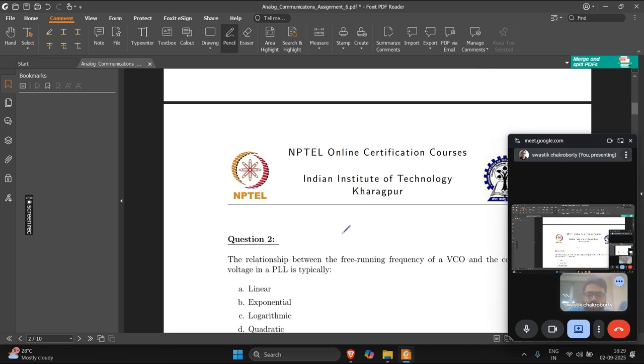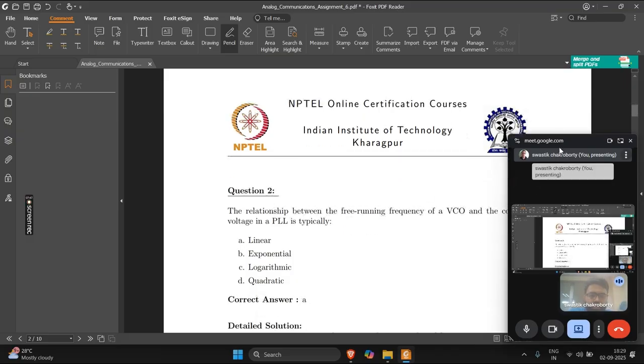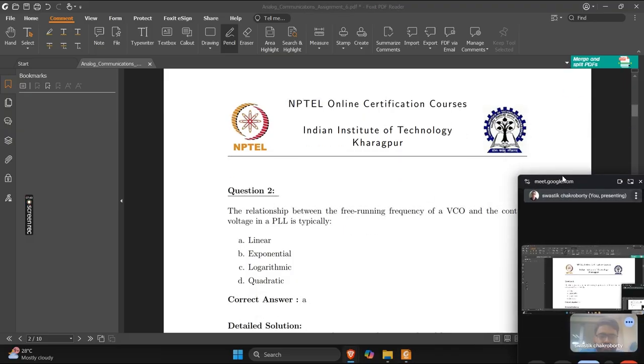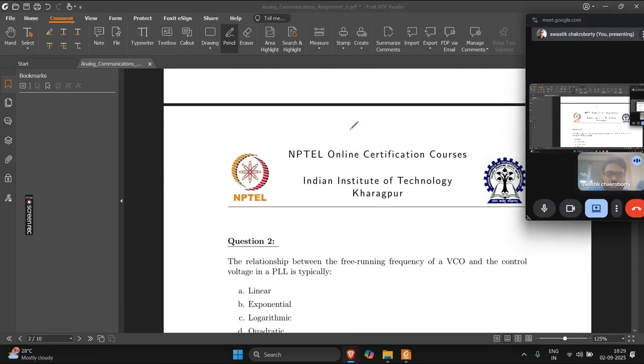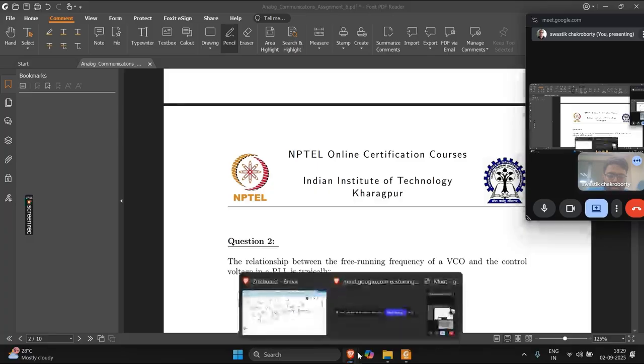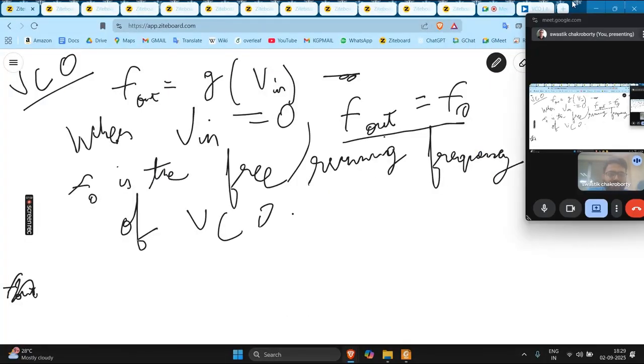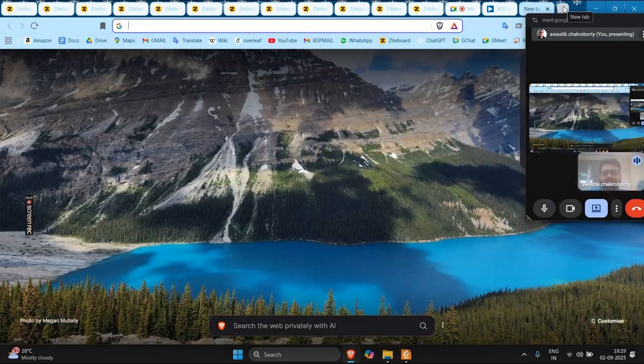Now, the relation between the free running frequency of the VCO and the control voltage of a PLL. So now we have to go deeper into something called a phase lock loop, or PLL.